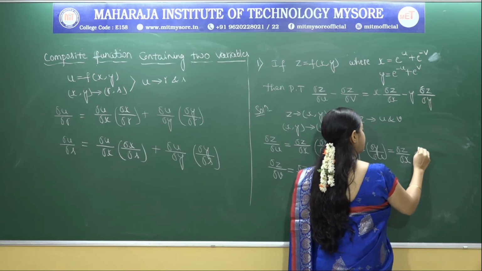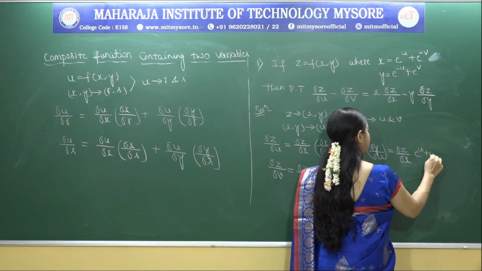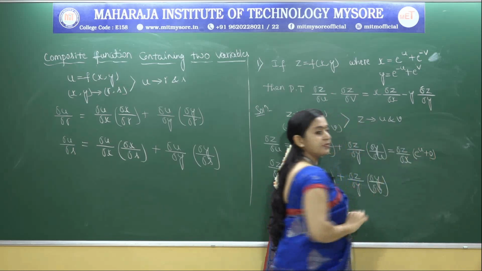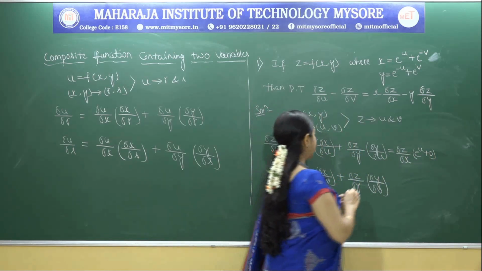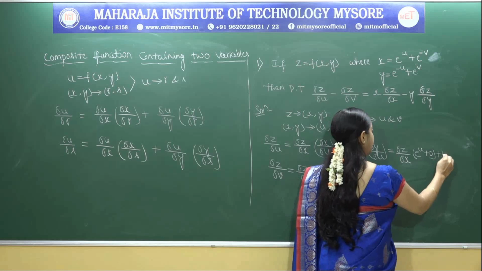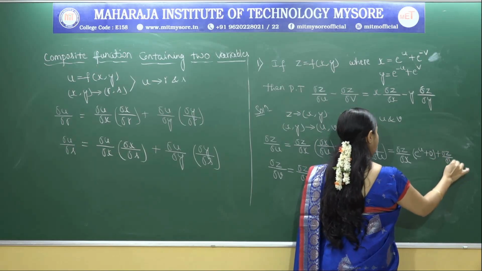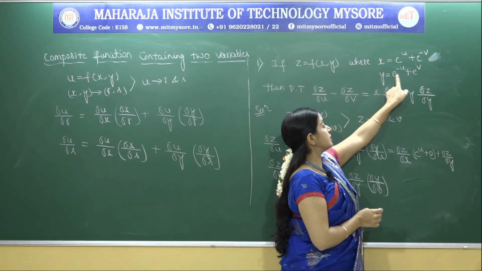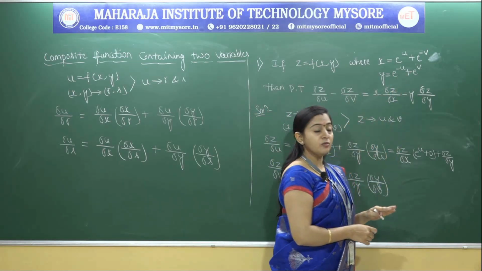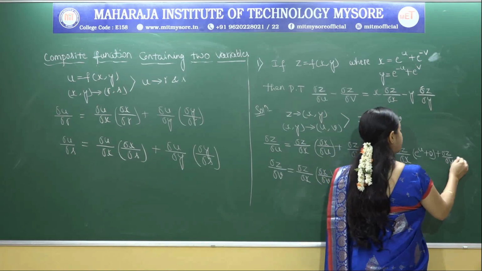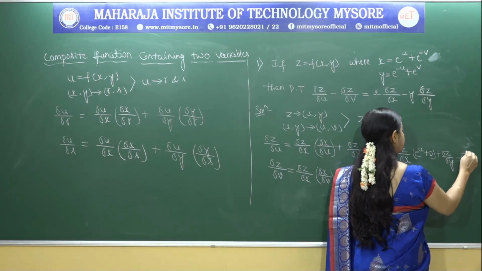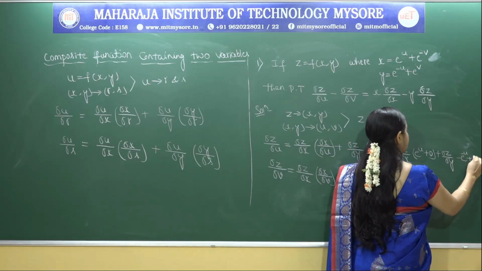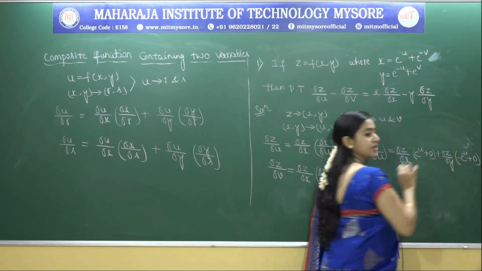So e power u differentiation is e power u, and the second part you will get 0. Similarly, the next term, plus del z divided by del y with respect to u: you differentiate y with respect to u keeping the v term constant. The first differentiation, e power minus u, gives minus e power minus u, and e power v differentiation gives 0.